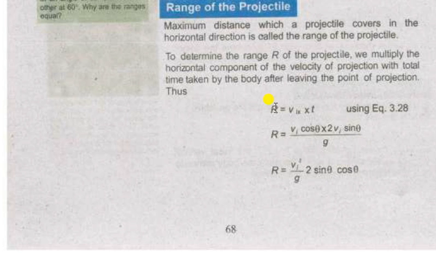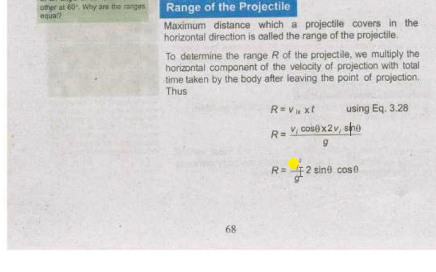So the relation is R is equal to Vix multiplied by t, where t is the time of flight and Vix is the x component, or the horizontal component, of the velocity. Putting in the values, R is equal to Vi cos theta, this is the x component of the velocity, times the time of flight, which we know is equal to 2 Vi sin theta over g.